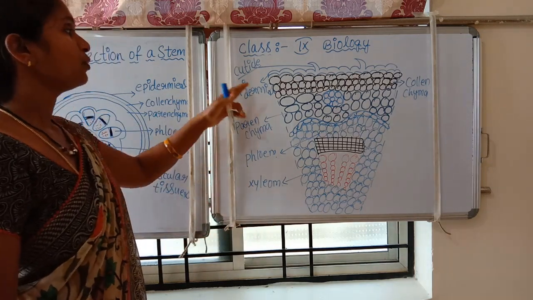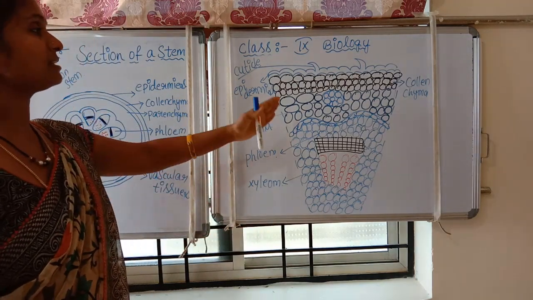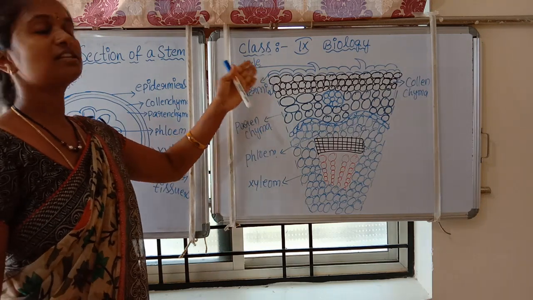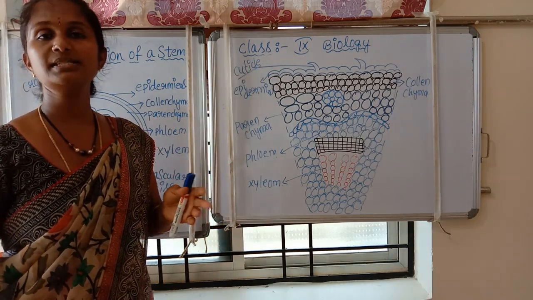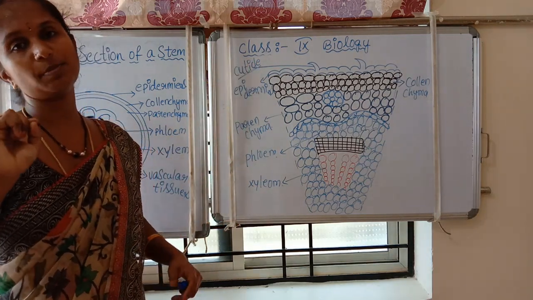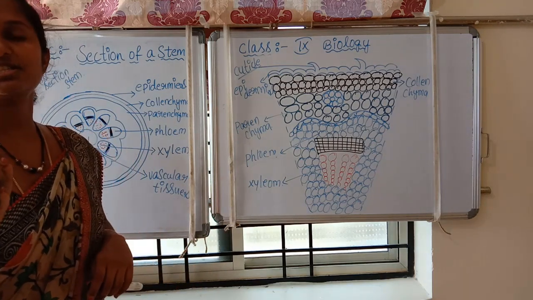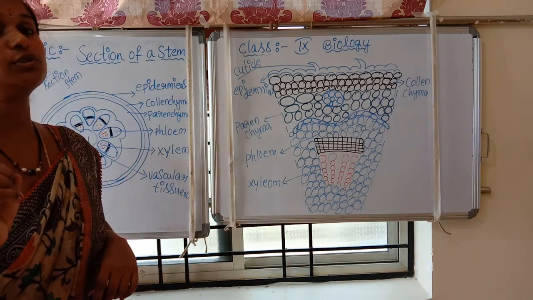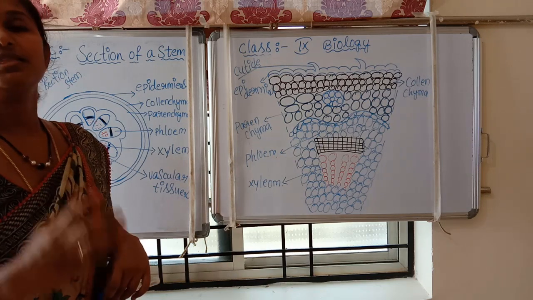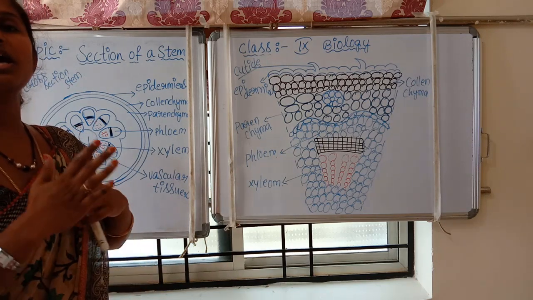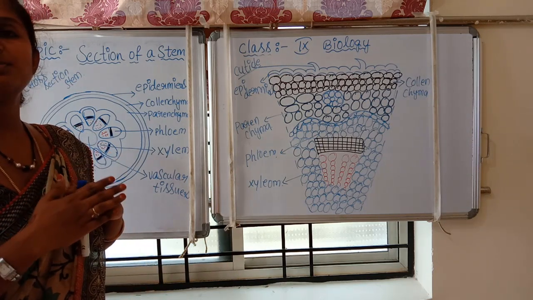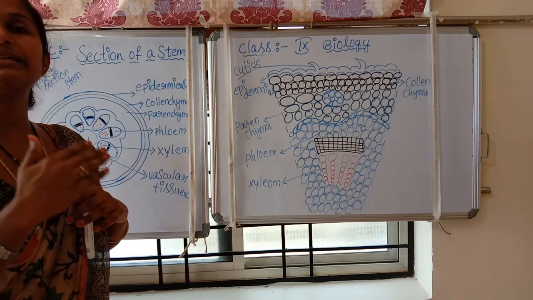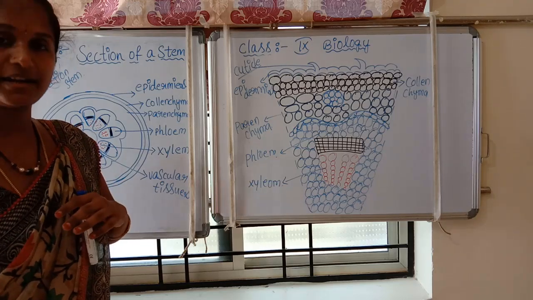And next, in the transverse section of a leaf or stem, above the epidermis some hair-like structures are present. Those hair-like structures help to produce a waxy layer. That waxy layer prevents water from being absorbed or lost to the outside. Why?